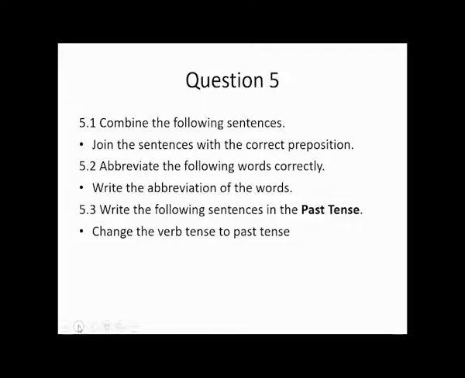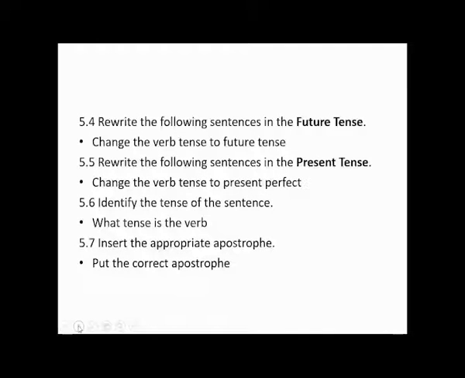Abbreviate the following words. Write the abbreviation for the words. Write the following sentences in the past tense. What you are simply doing is you are changing the sentences from the present tense to the past tense. Now you change the verb tenses to past tense. Rewrite the following sentences in the future tense. Change the verb tenses to future tense.